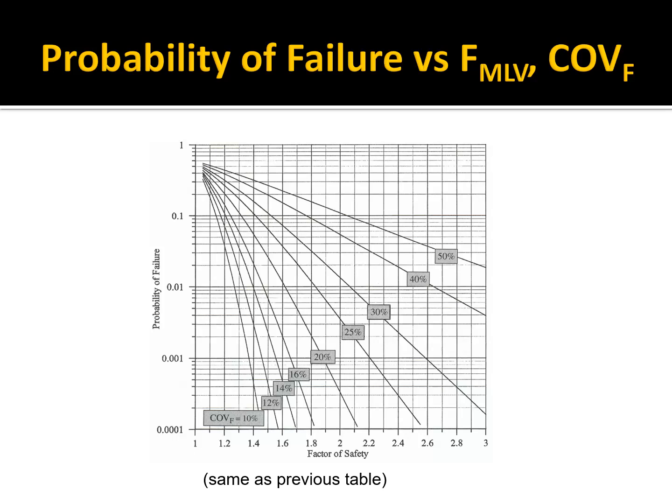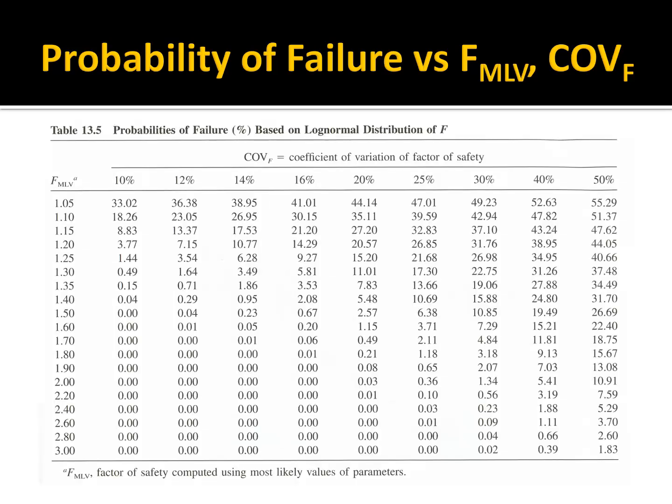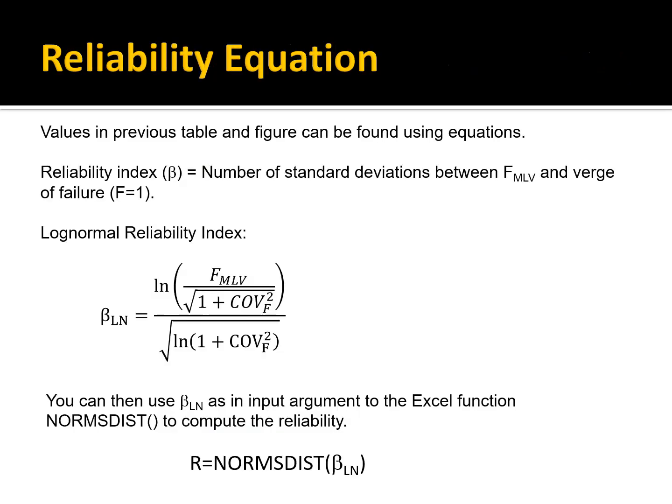You can also scale it off of this diagram, meaning you start with the FMLV on the bottom. You come up to the proper coefficient of variation for the factor of safety, and then go to the left and you get the probability of failure. This graph is simply another way of representing the same data that is shown in this double lookup table.